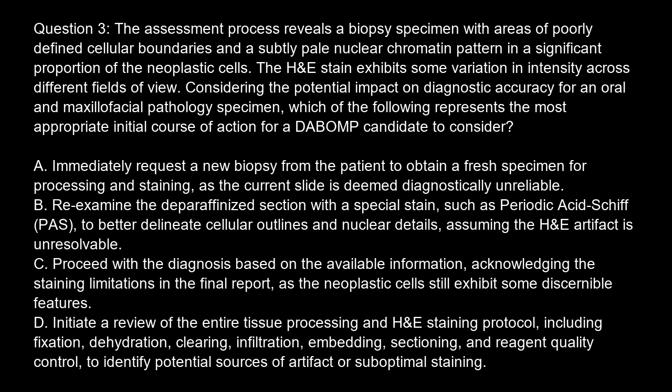Option C. Proceed with the diagnosis based on the available information, acknowledging the staining limitations in the final report, as the neoplastic cells still exhibit some discernible features. Option D. Initiate a review of the entire tissue processing and H&E staining protocol, including fixation, dehydration, clearing, infiltration, embedding, sectioning, and reagent quality control, to identify potential sources of artifact or suboptimal staining.